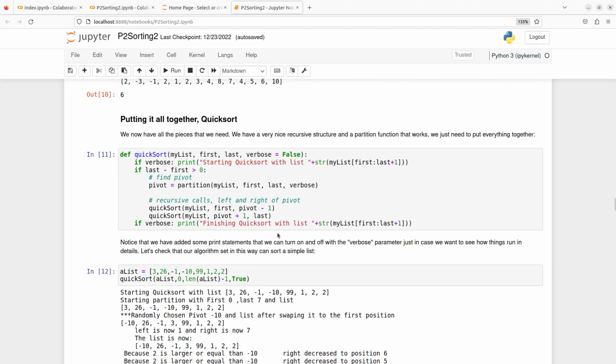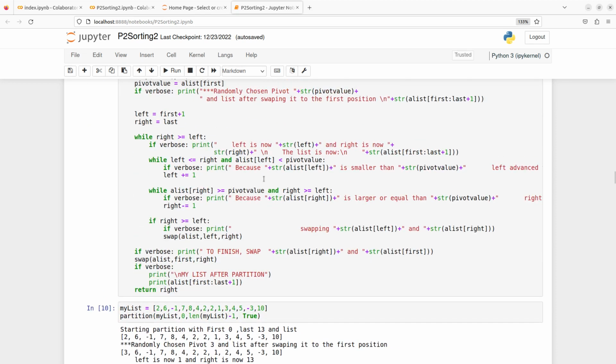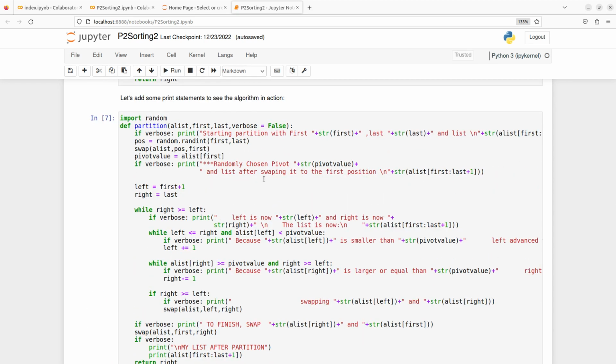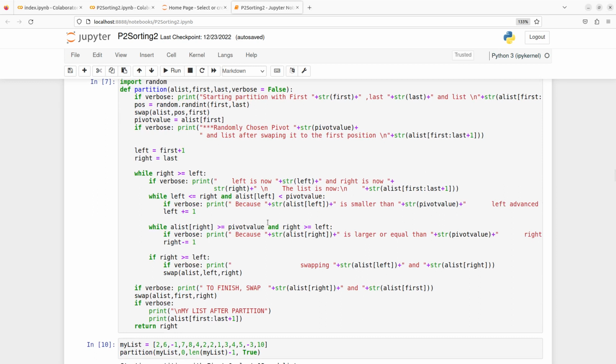Well, we have it here, for example, and on one side we have the calls to quicksort, the recursive calls, which we will deal with in a second, and then we have partition. The first important thing to see is that partition is linear. As you might remember, I start with left and right at the extremes of the list and I move them one position at a time until they meet.